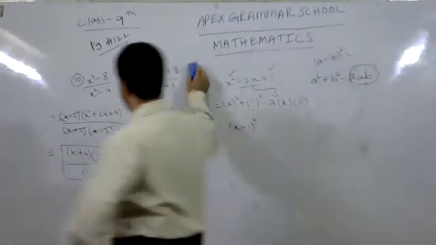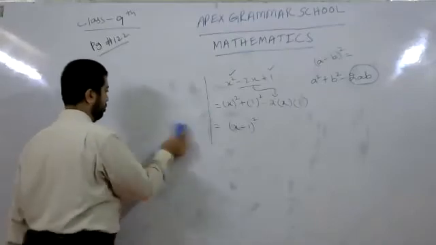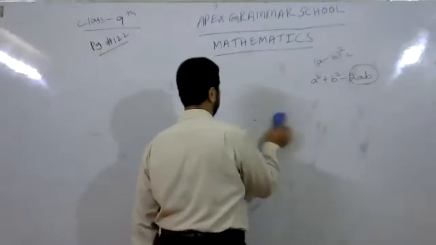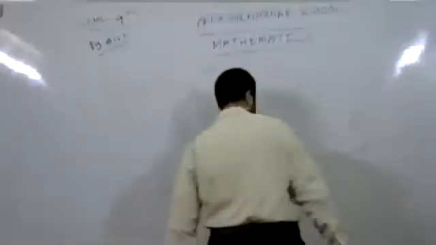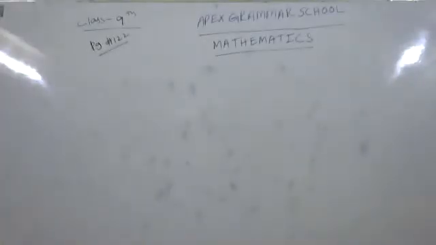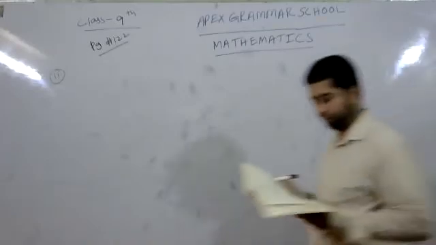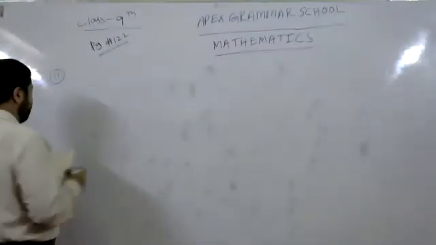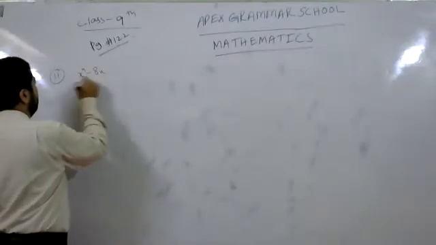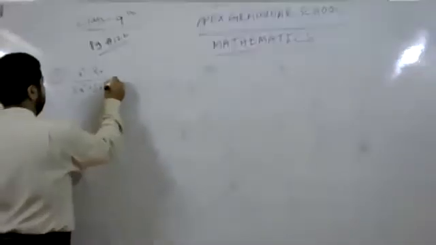Now for question number 11. Question number 11 is x raised power 4 minus 8x, and in denominator 2x square plus 5x minus 3.